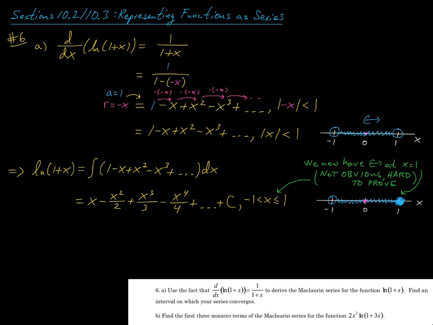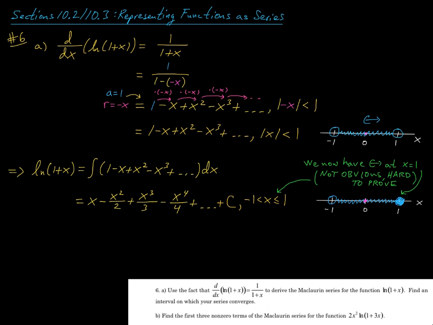All right, so now what about the interval of convergence? Well, as I noted in the statement of our main result, it's possible to have the convergence at the endpoints be affected. And in this case, it turns out that is the case. Okay, we now do have convergence at x equals 1.